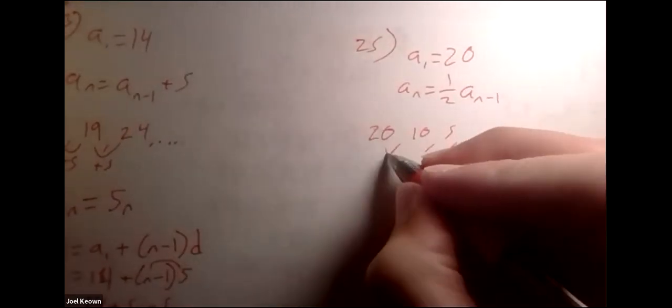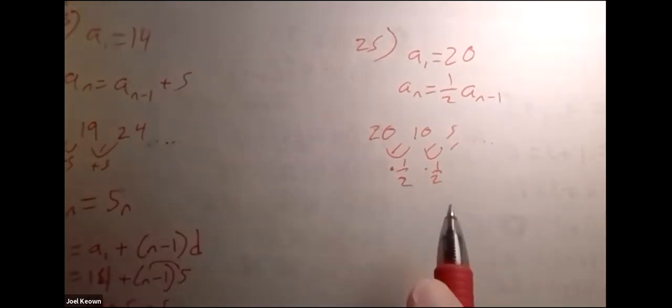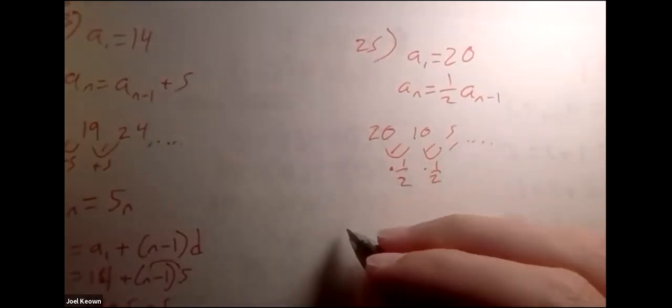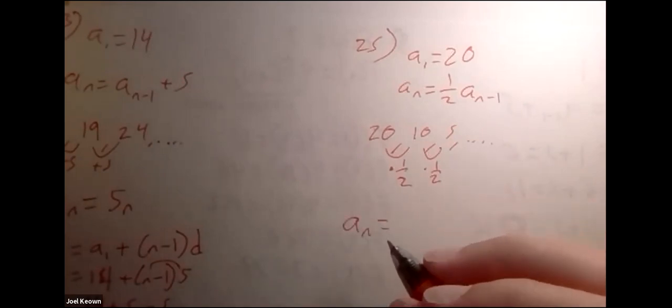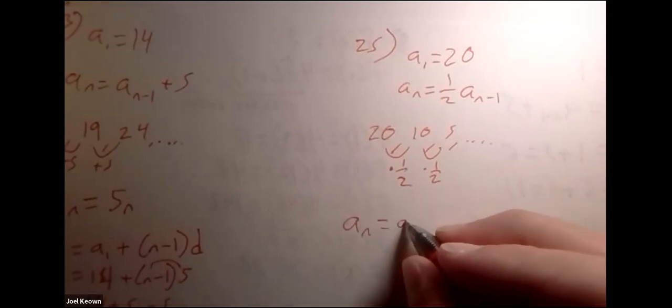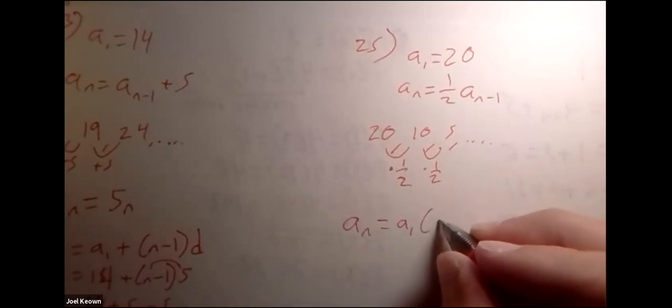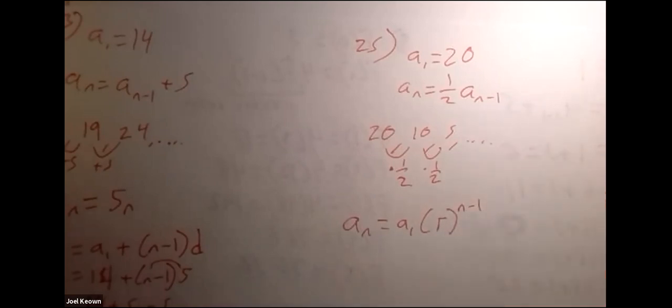So we're multiplying by 1/2. Multiplying by 1/2, that's a recursive formula. Geometric means I'm multiplying. My geometric formula is I have a sub 1 times r to the n minus 1.